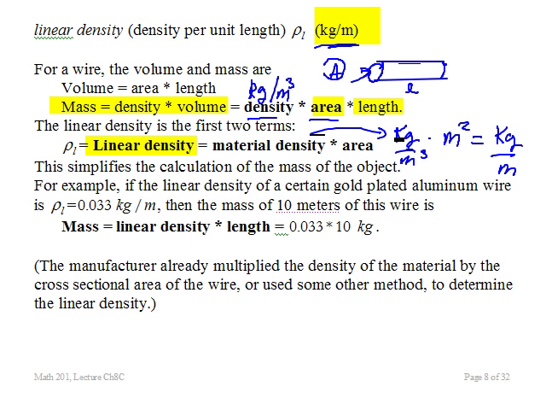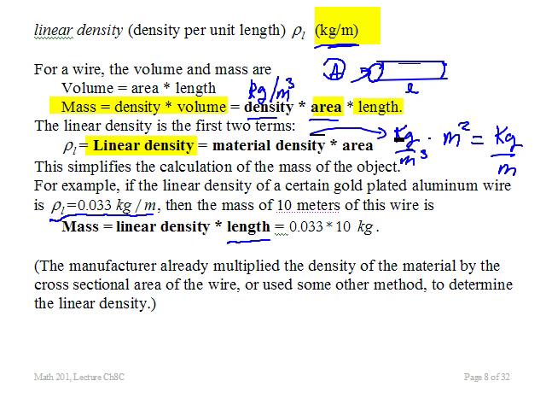If we're given the linear density, then to find the mass, all we have to do is multiply by the missing dimension, which is the length. So if we had a certain aluminum wire that's gold-plated, say that the linear density is 0.033 kilograms per meter, and I have 10 meters of this wire, I multiply those two numbers together, and I get the mass of the gold-plated aluminum that I have in this piece of wire in my hands.